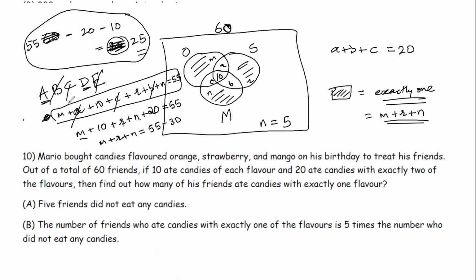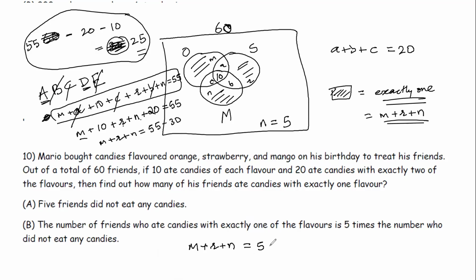Second statement: the number of friends who ate candies with exactly one of the flavors, that is M plus R plus N, is 5 times the number who did not eat any candies.